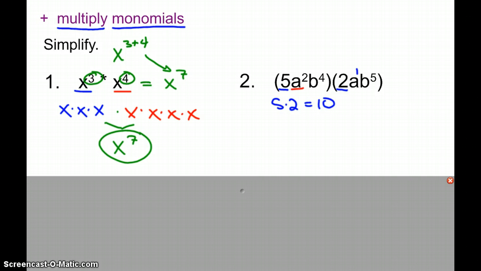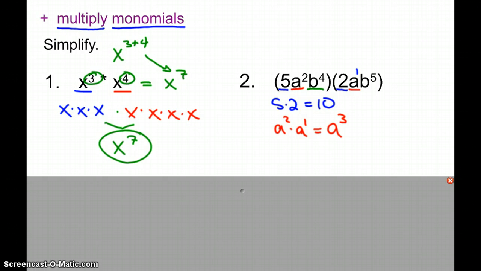When we multiply a squared and a to the first together, that's really 2 a's and a third a, so a squared times a to the first becomes a to the third power.